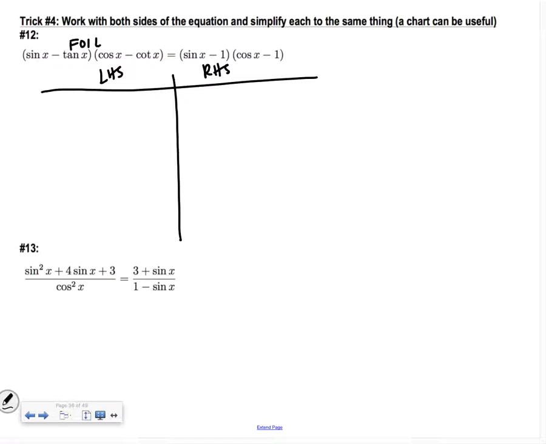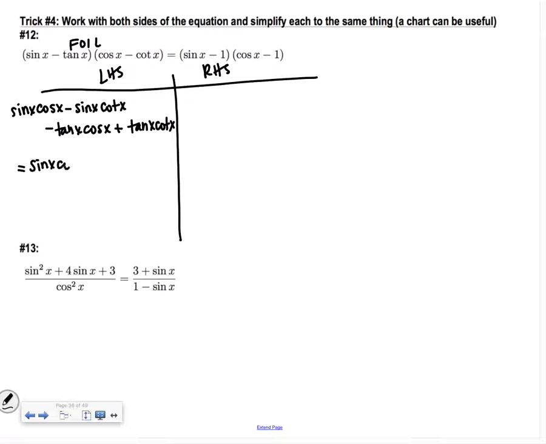So I have sine times cosine. That's my first. My outer is sine of x times cotangent of x. My inner is minus tangent of x times cosine of x. And my last is tangent times cotangent, which ends up being 1. So I know it looks complicated, but we're going to hope for something nice.